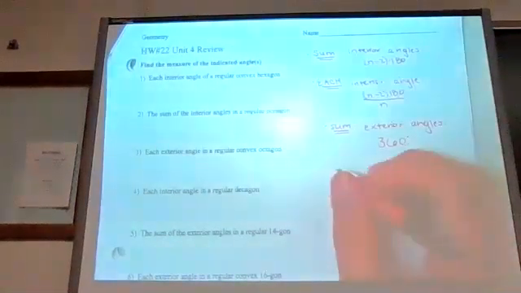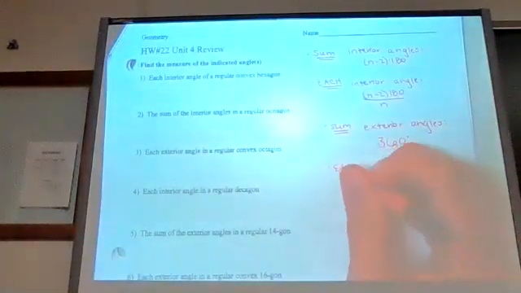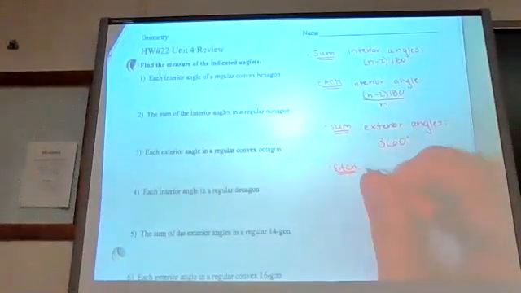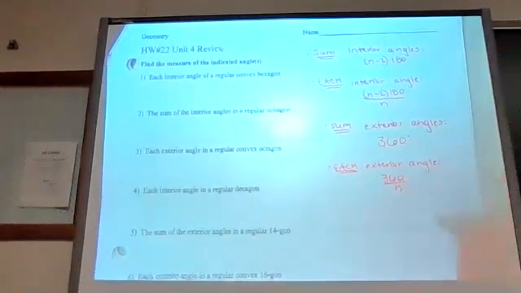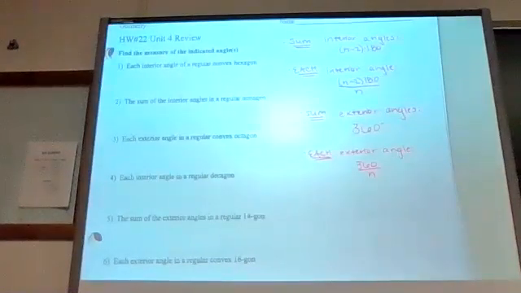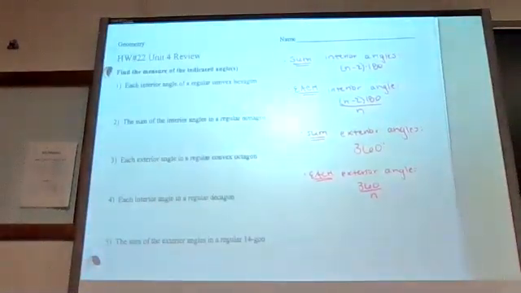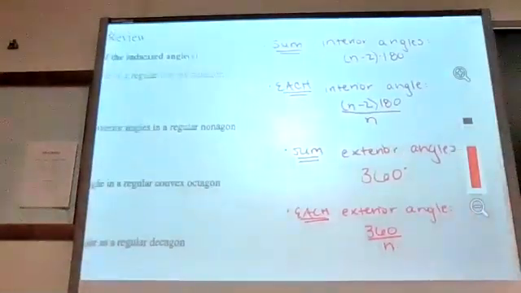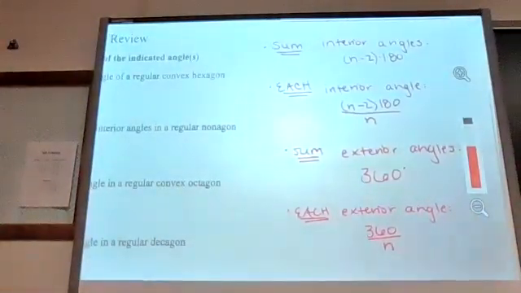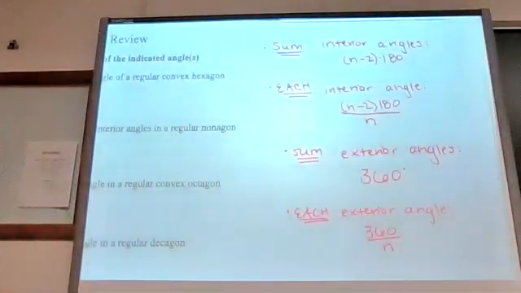And then we use that fact to find each exterior angle in a polygon by taking 360 and dividing it by the number of sides in that polygon. So there's my list of formulas I would want for this section on our test.